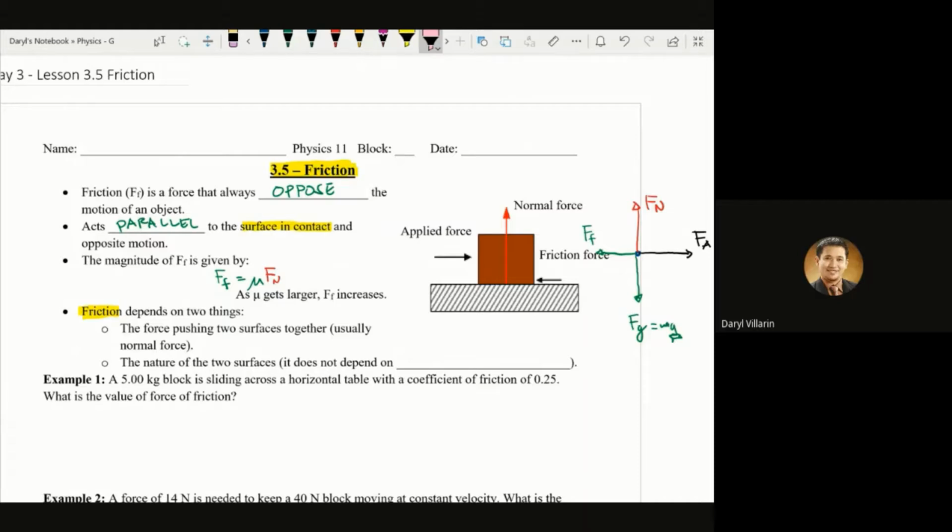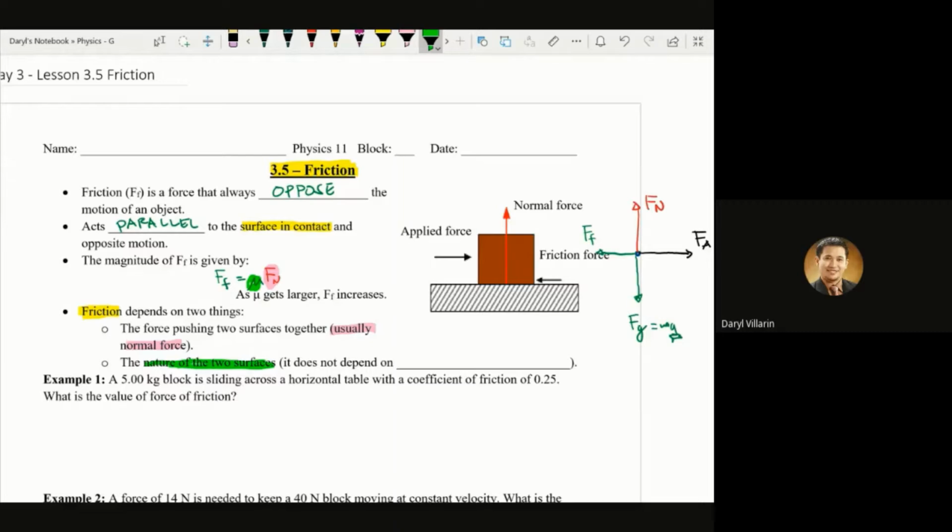So that's one of the quantities involved there, Fn. And then the nature of the two surfaces in contact. So mu is dependent on the surfaces in contact.